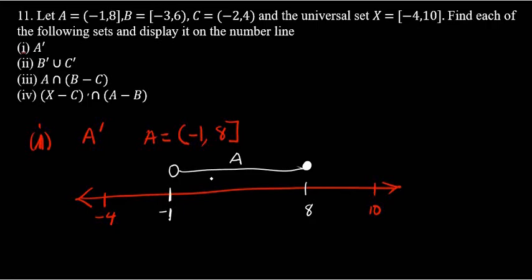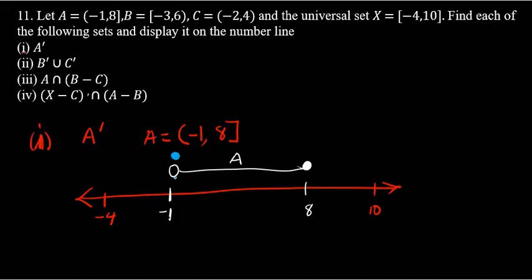this is your A. Now let's look at A complement. So -1 was not included in A, meaning that -1 will be included in A complement. So you put included here.